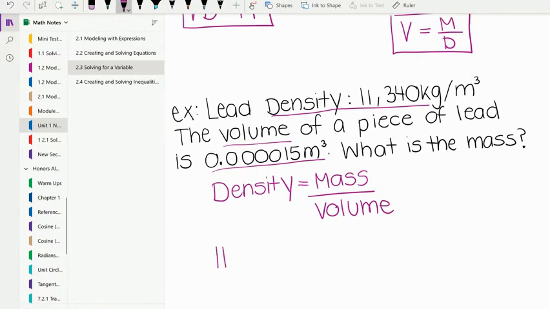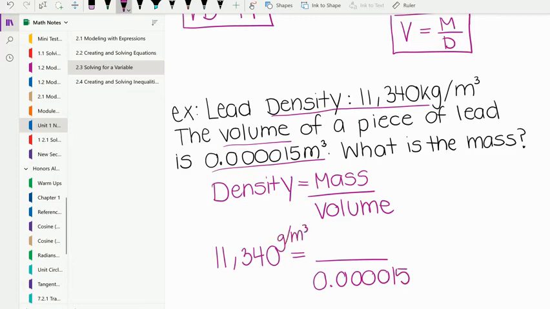So let's go ahead and plug in what we know. So we know that the density is 11,340, and we know that the mass is unknown, and the volume is 0.0000015, okay? And this is kilograms per meter cubed, and this is just meters cubed, which means that we'll end up with something kilograms.